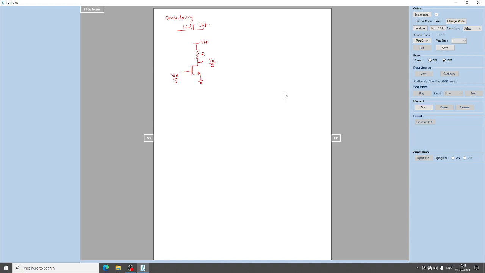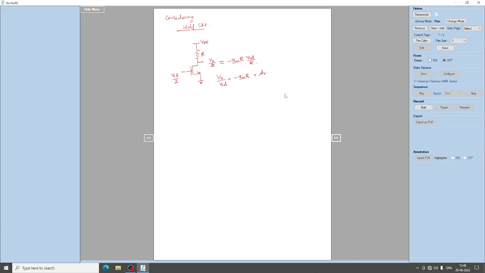What do you mean by output is V out by 2? What is the output expression for the common source amplifier, this circuit, which is minus gm into R into VID by 2, right? So this 2 and 2 will get cancelled, so your V out by VID will be nothing but what? Minus gm into RD, which is nothing but your voltage gain, right?